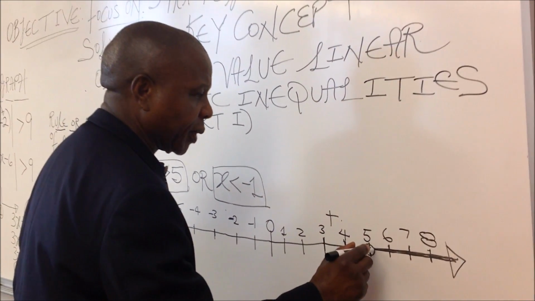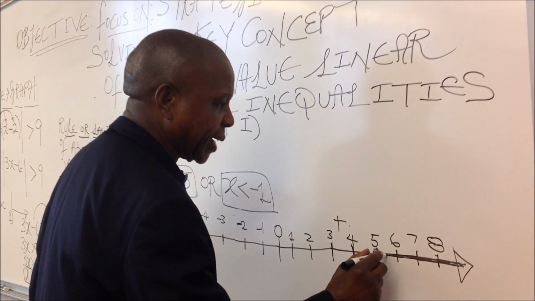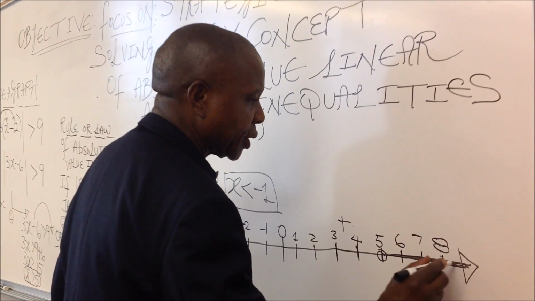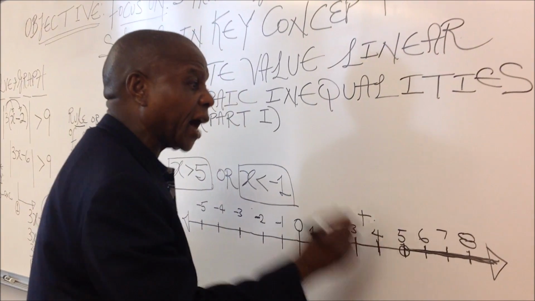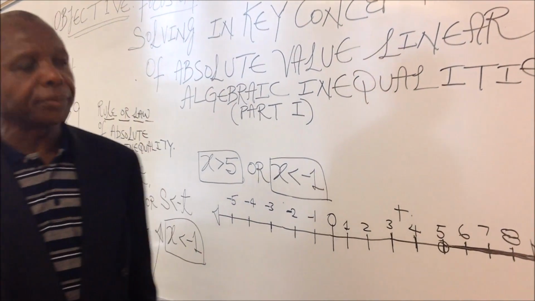So every number greater than 5 is a solution to this inequality. But 5 is not a solution.